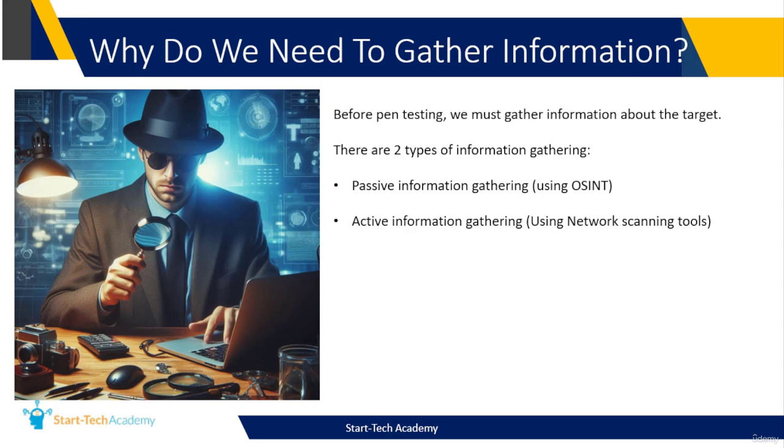As much information as you can possibly gather using open source information gathering, that is OSINT. And then we will actually engage with the target network and gather information actively by connecting to the network and by scanning the network. So let us start with the first exercise.